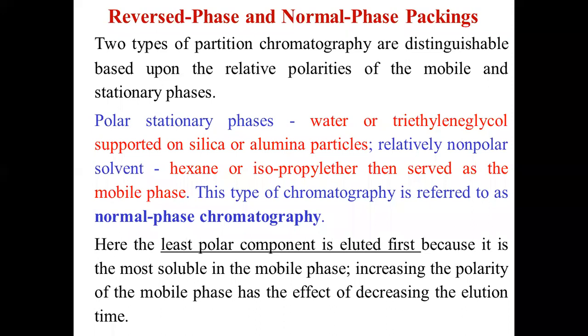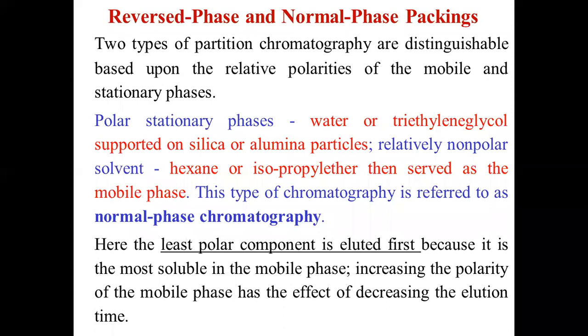While performing normal phase HPLC, whichever solute is non-polar or least polar will be eluted first, because the stationary phase is polar and all the polar solutes are going to interact with the stationary phase for a longer time.